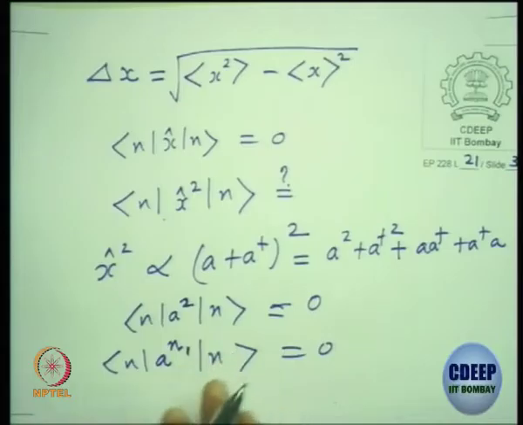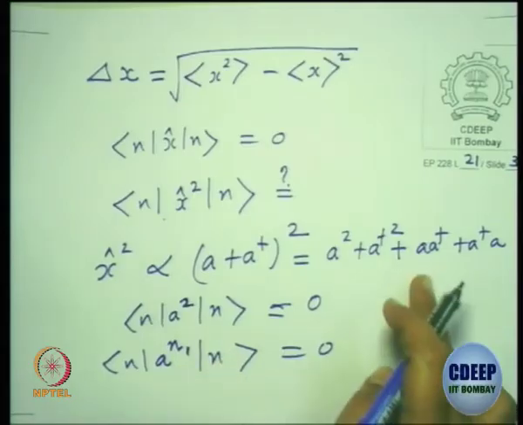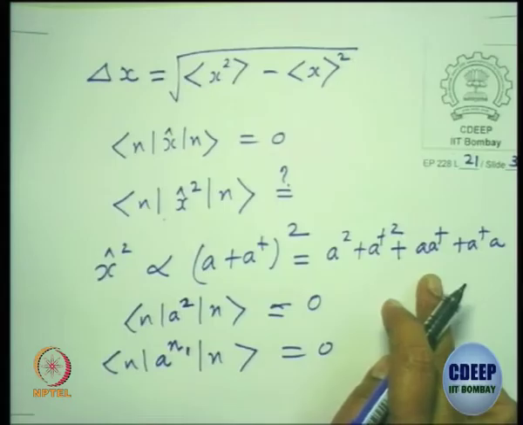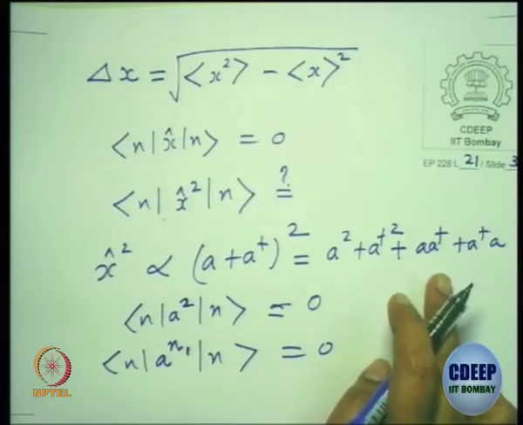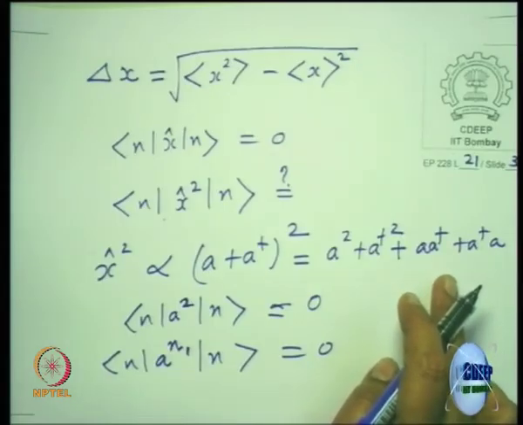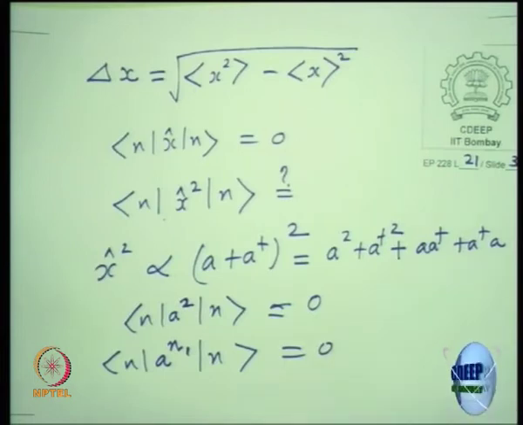So the non-zero contribution can come only if you have equal number of raising and lowering operators. That's the first thing you should do. If you have equal number of raising and lowering operators, you get back to the same point. You raise n number of steps, lower n number of steps, you get back to the same point. Then the matrix element will be non-zero.